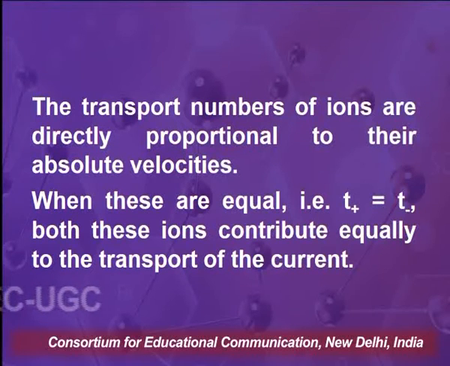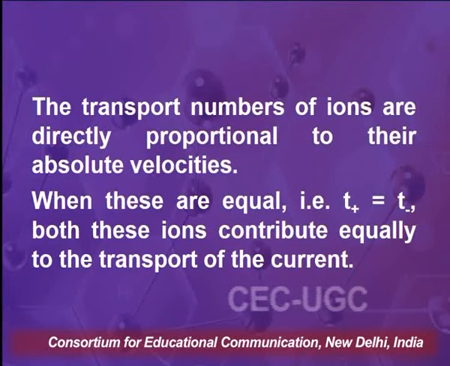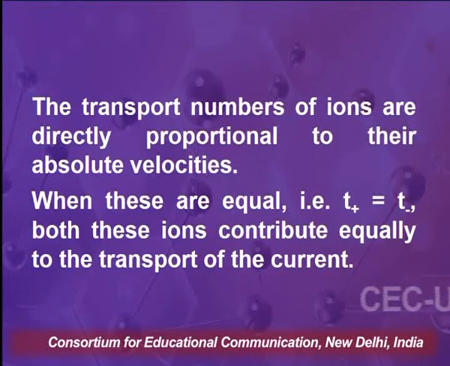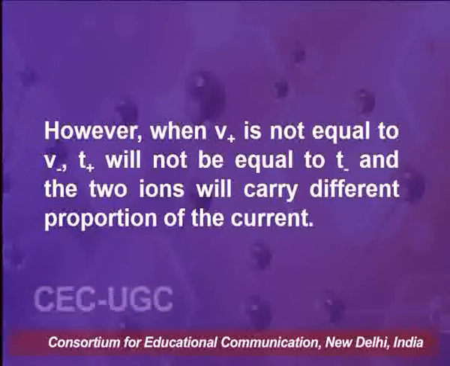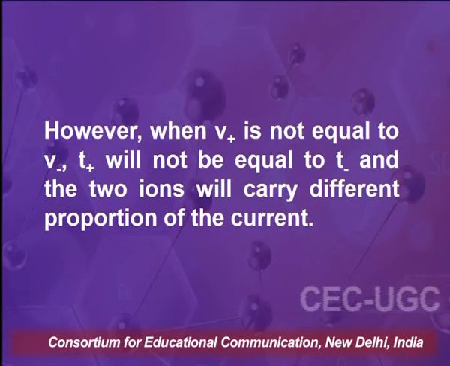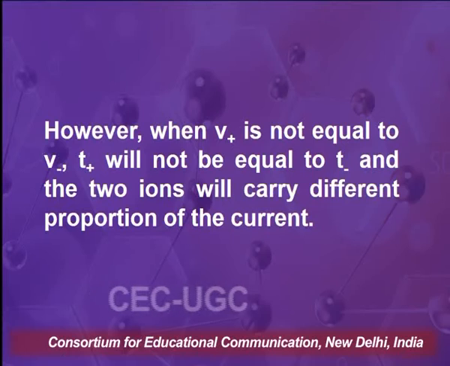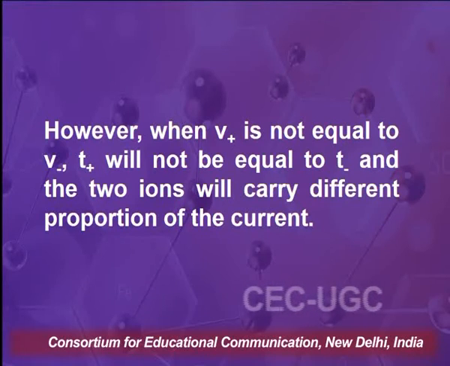When these are equal, that is T plus is equal to T minus, both these ions contribute equally to the transport of the current. However, when V plus is not equal to V minus, T plus will not be equal to T minus, and the two ions will carry different proportions of the current.